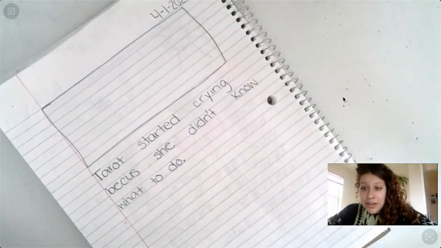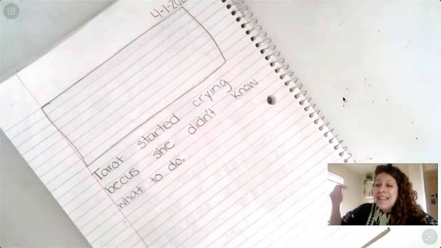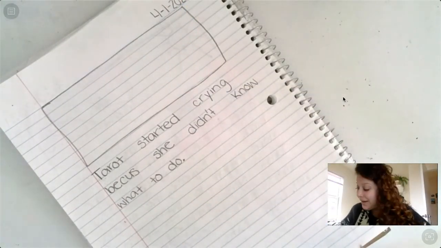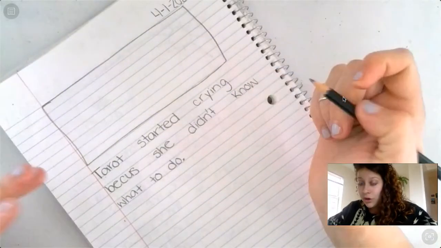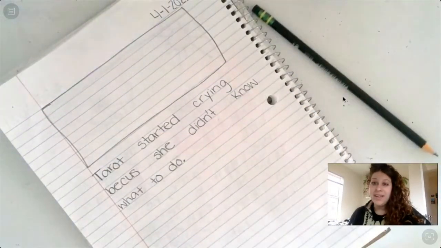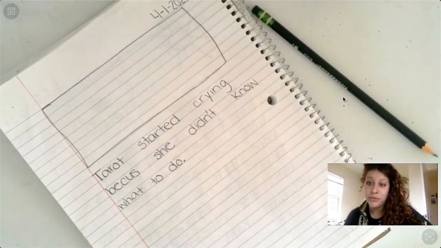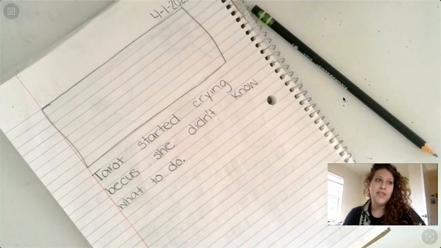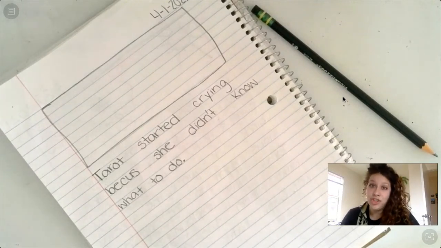I remember the directions told me to write at least 3 sentences. 3 sentences or more. And I already have one. Taro started crying because she didn't know what to do. Now, I haven't really talked about her friends, the supporting characters, Jay and Squeak. So I'm going to think. Jay likes to talk a lot, so I bet Jay has an idea.